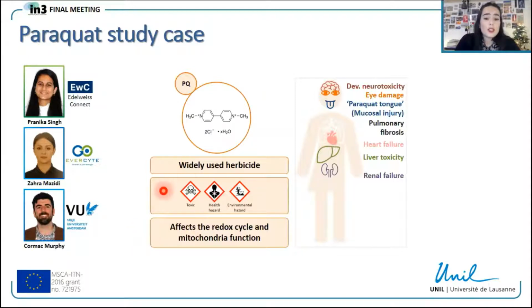We know that it's toxic and it is a health and environmental hazard, affects the redox cycle and mitochondrial function, it produces developmental neurotoxicity, eye damage, Paraquat tan, mucosal injury, pulmonary fibrosis, heart, liver, and renal failure.